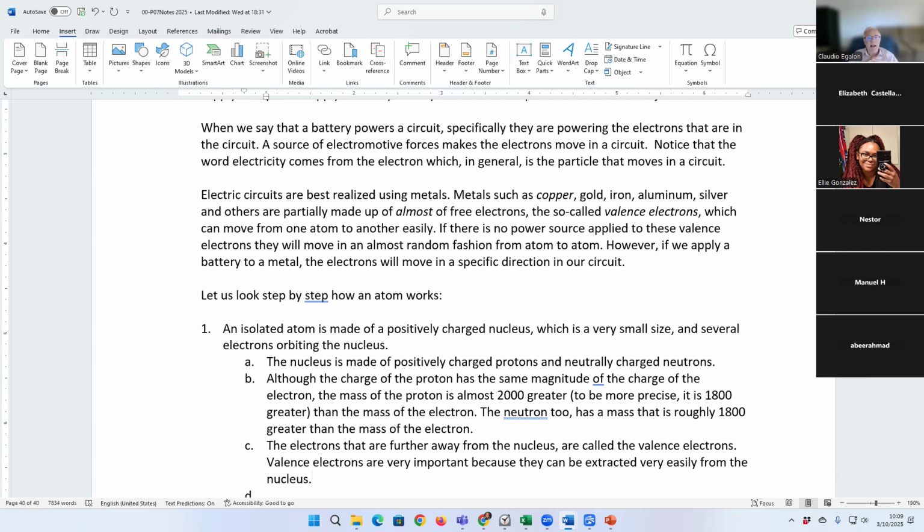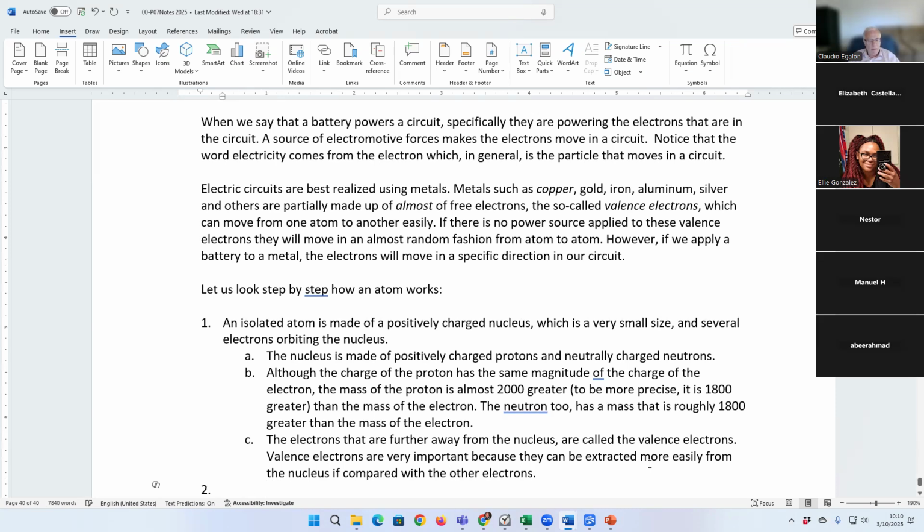Remember the valence electrons can be extracted more easily, right? Not very easily, but more easily from the nucleus if compared with the other electrons, okay?